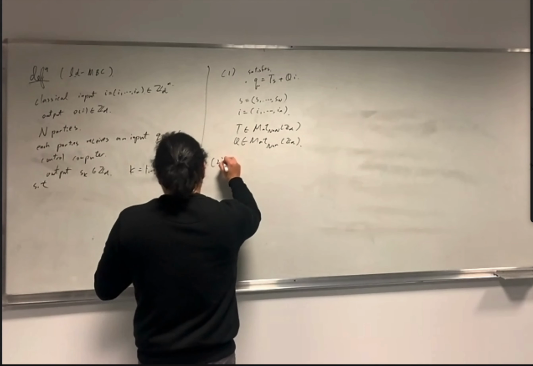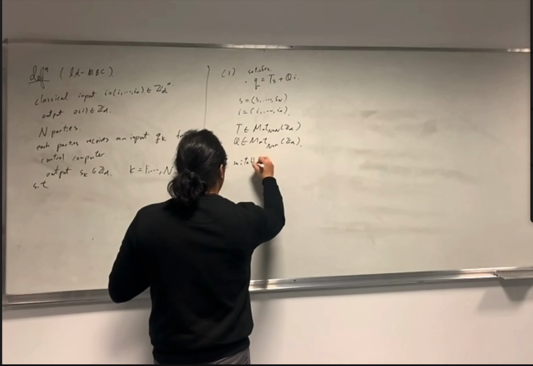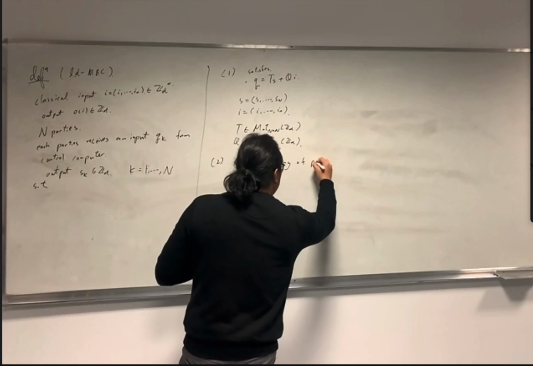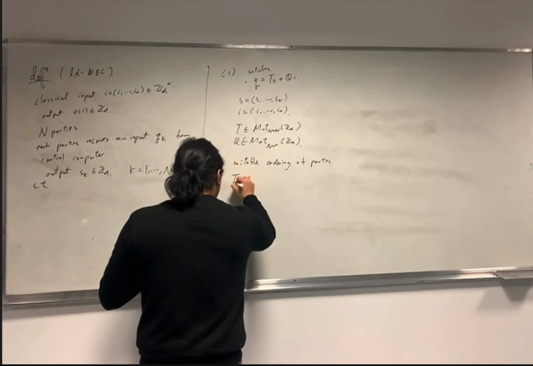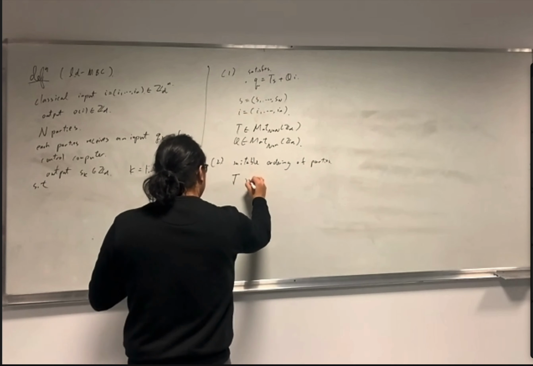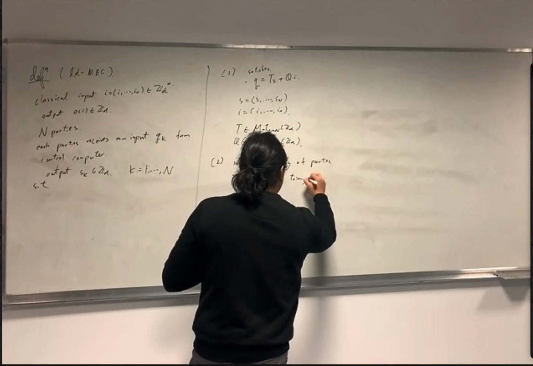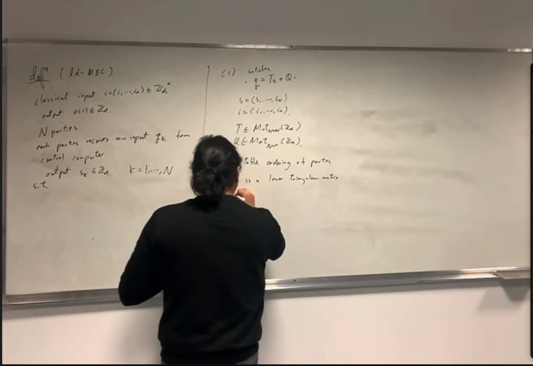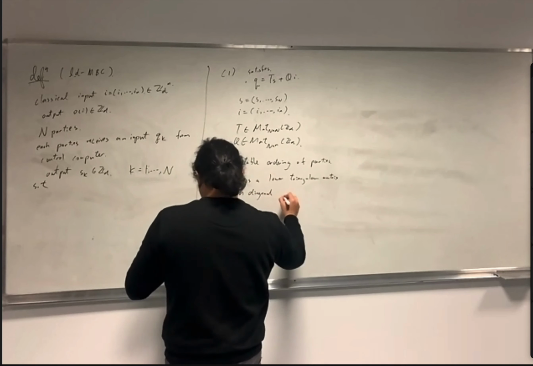And second thing, for a suitable ordering of the particles, the matrix T is a lower triangular matrix with diagonal 0.